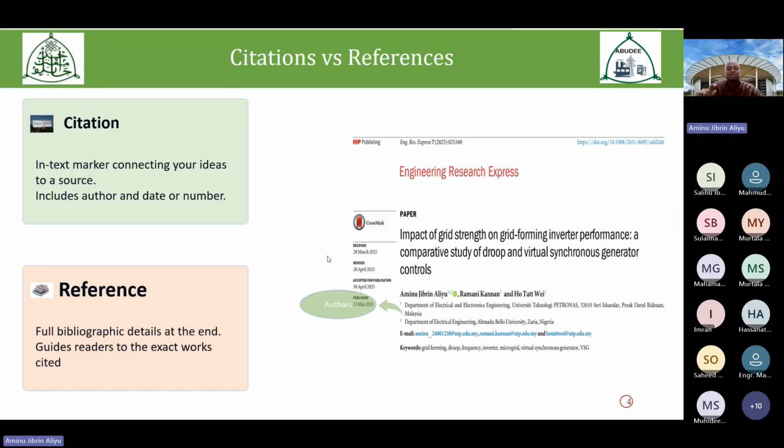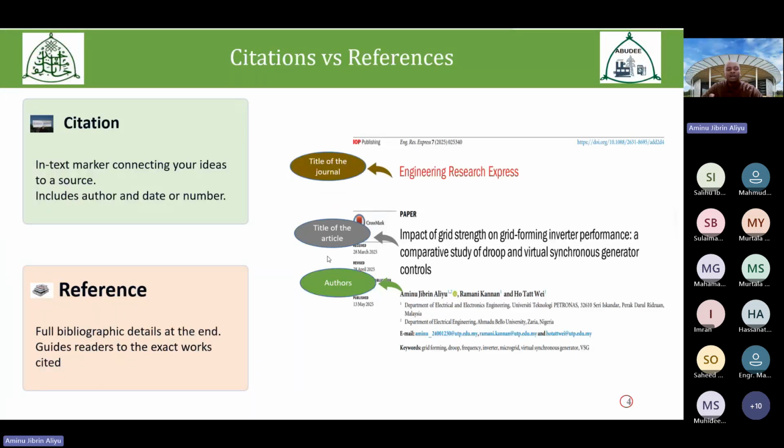Usually for these full bibliographic details, first of all, we need to know who the authors are. We need to know the title of the article. We also need to know the title of the journal.